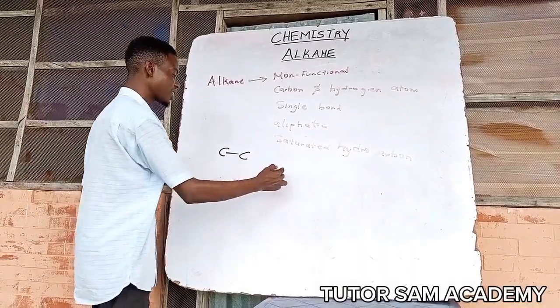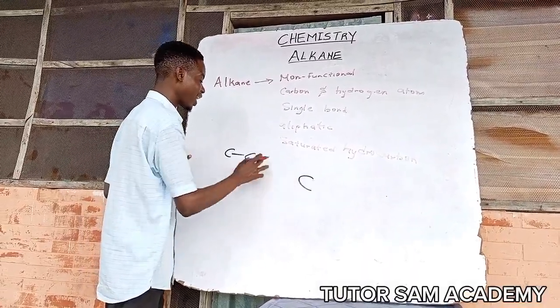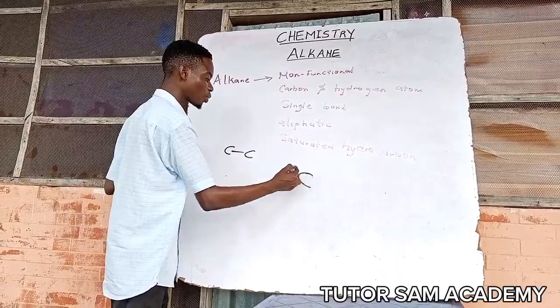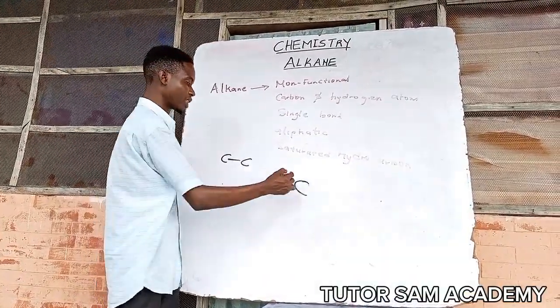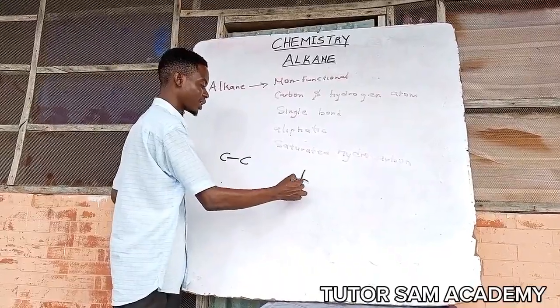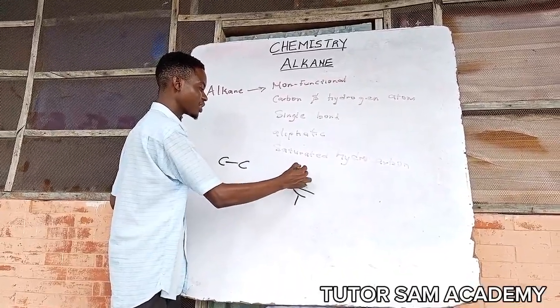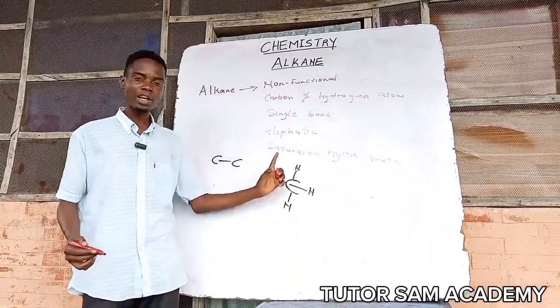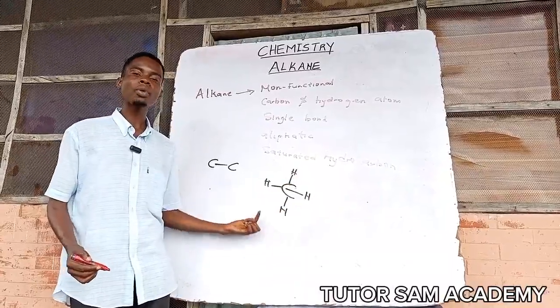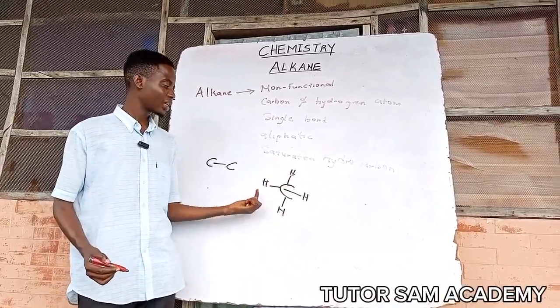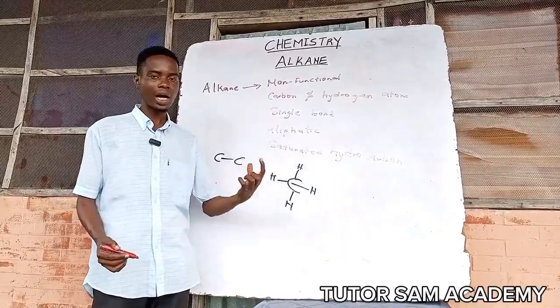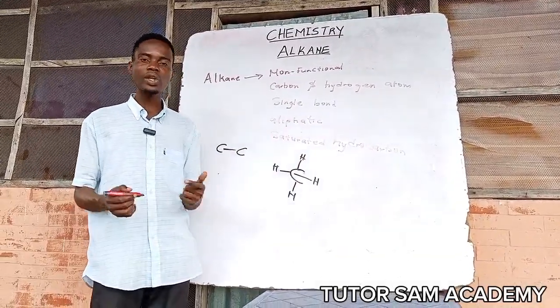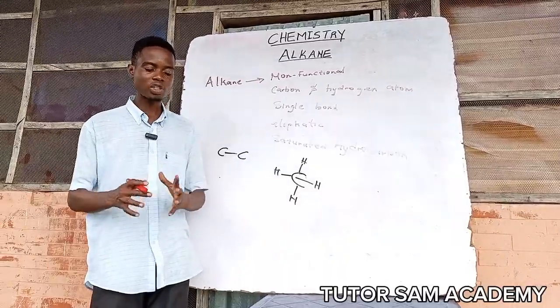They are saturated means that a carbon can only have 4 bonds. Let's say a carbon bonded with hydrogen can only have 4 hydrogen atoms. So when the carbon atom is saturated, there will be 4 bonds attached to that carbon. So alkanes are a good example of saturated hydrocarbons.